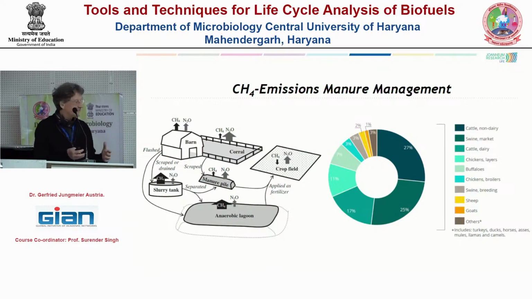So you see they are happening on different places in agriculture, and the processes behind are relatively complex because it's all natural based, and it really depends on the framework conditions. But still, the emission factors provided by the International Panel on Climate Change give you at least a good estimate for the different emissions in the different areas in agriculture.